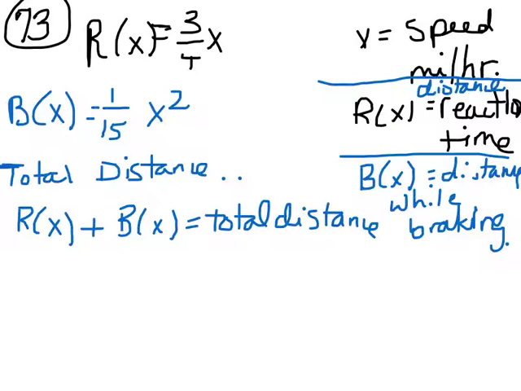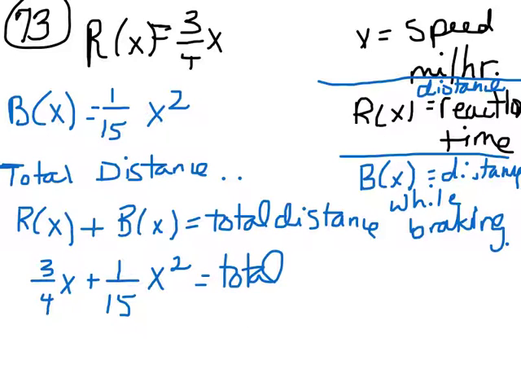So R of x would be 3/4 x, and then B of x would be 1/15 x squared. Plus 1/15 x squared is our total distance. And they want us to call it t, so instead of calling it total distance, I'll call it T of x, for total of x. That's just kind of the things you do there.